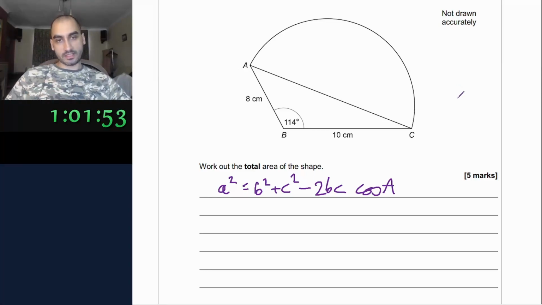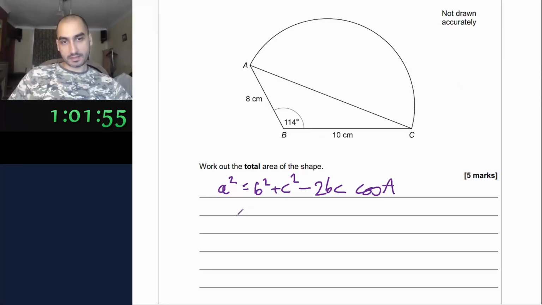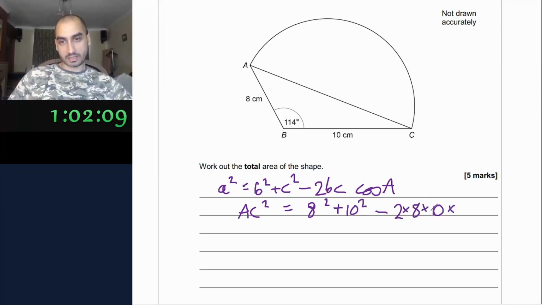So in our scenario, that means AC squared equals 8 squared plus 10 squared minus 2 times 8 times 10 times cos 114.